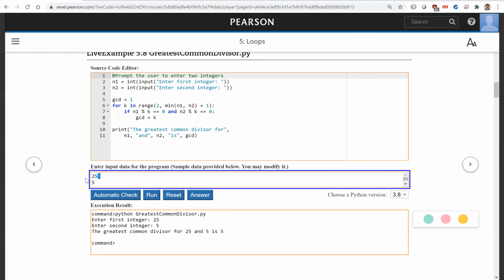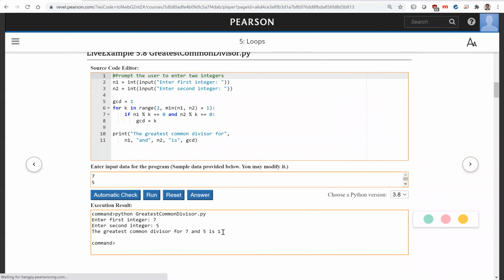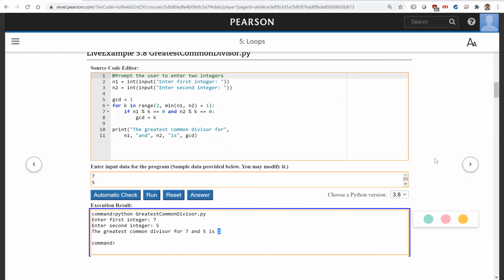And what happens if they don't have a common divisor except 1? So all these cases need to be tested. That is all for this case study on finding the greatest common divisor. We will look at the next example in the next video.